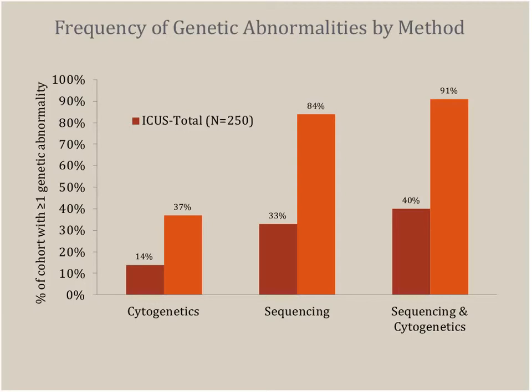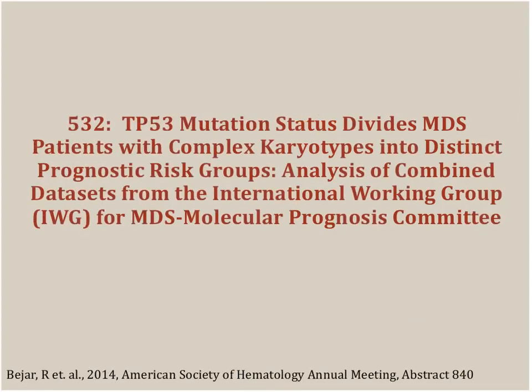The addition of cytogenetics adds something, but not a whole lot beyond what next-gen sequencing can add. I'd certainly say that in the next few years, we're going to see a lot more genomic analysis done by next-generation sequencing and other molecular techniques to identify abnormalities in patients. This will be an important thing to look for in the future.